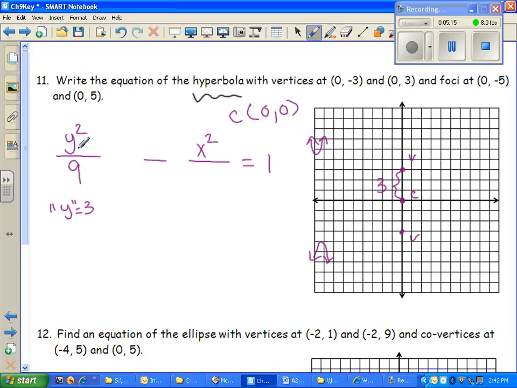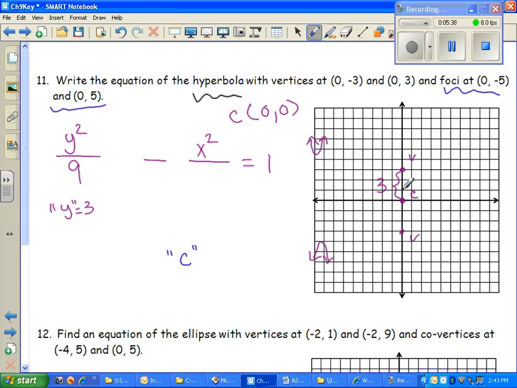So you should be able to figure out at least this part of it without too much work. And even if you just get this much of it, you can get partial credit if you forget how to do the rest of it. But we're given these foci, and we're going to use those to finish up the equation. Remember that the foci, that's like your c value.